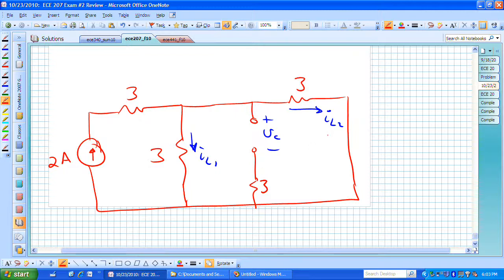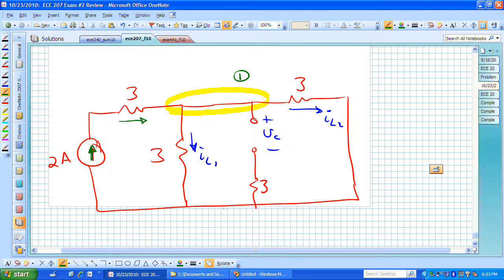But even though this is a different configuration, we still have this particular node, node 1, that we can write our equations with respect to. In this case, though, I might say that I have this particular current going into the node.